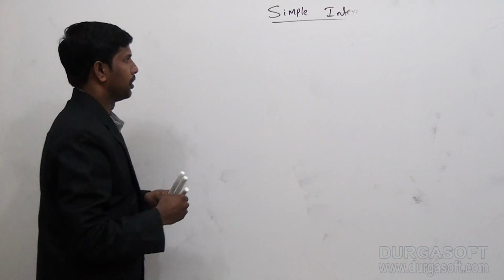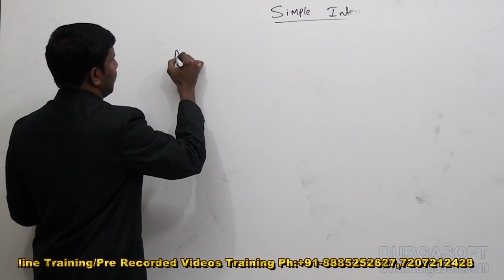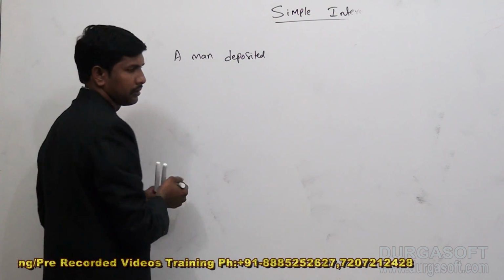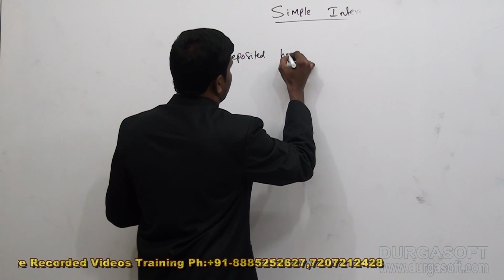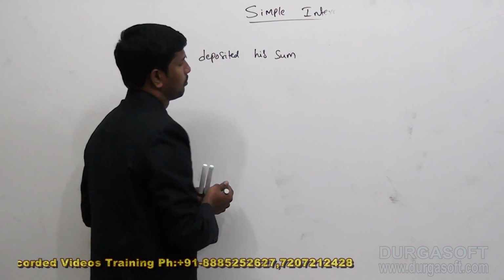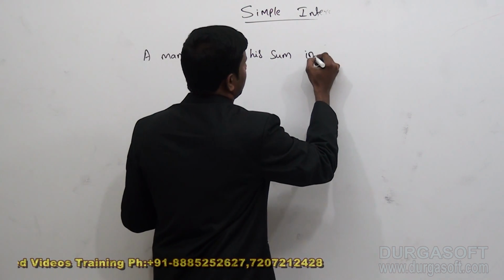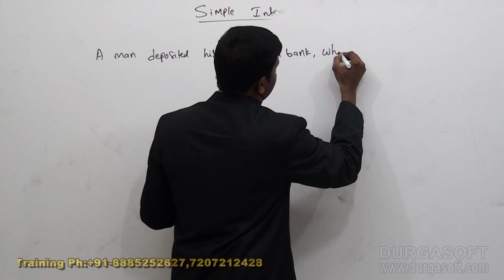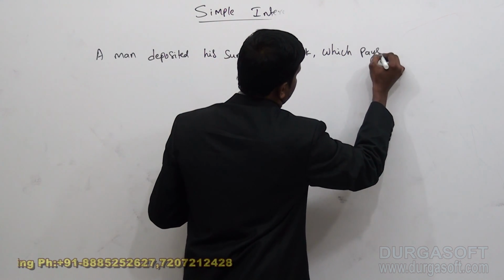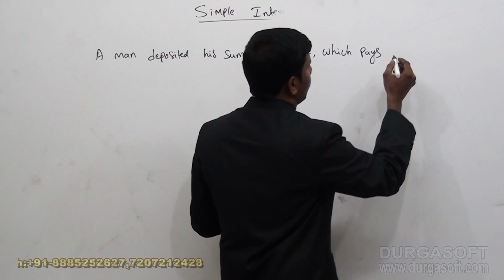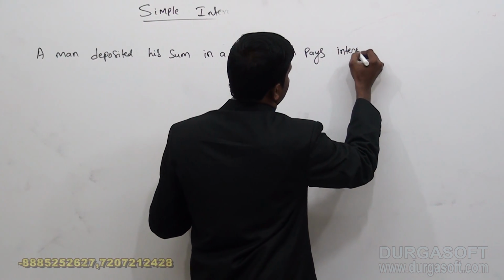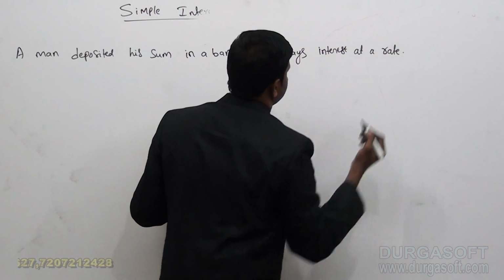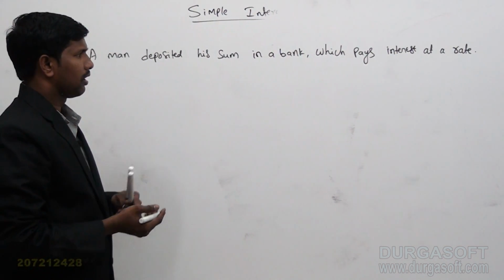Now the next question: a man deposited his sum, means principal amount, in a bank which pays interest at a rate which is not known.